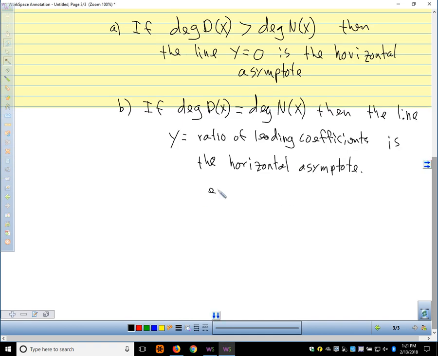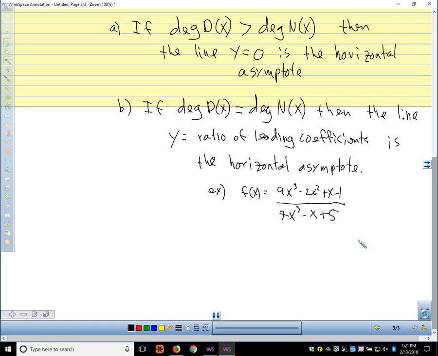So, for example, if I had f of x equals 9x to the third minus 2x squared plus x minus 1, over 7x cubed minus x plus 5.